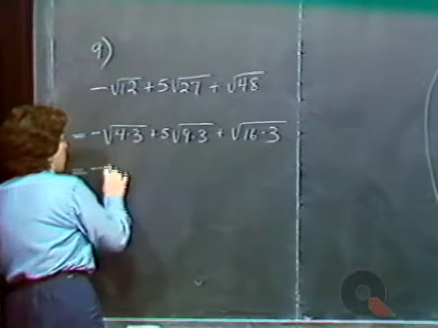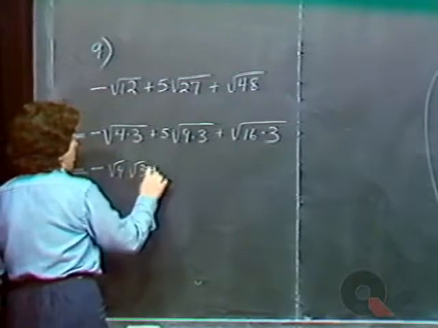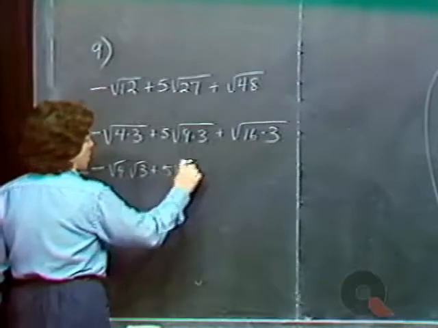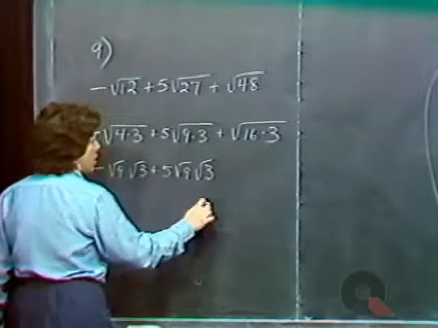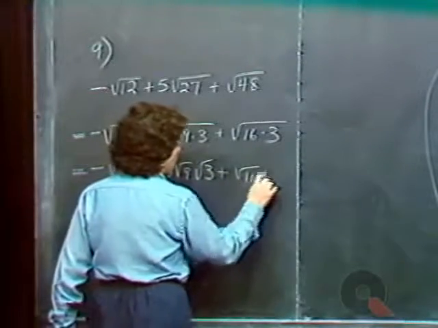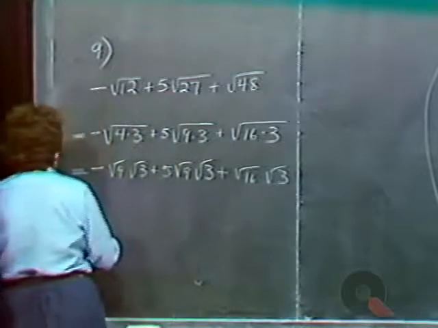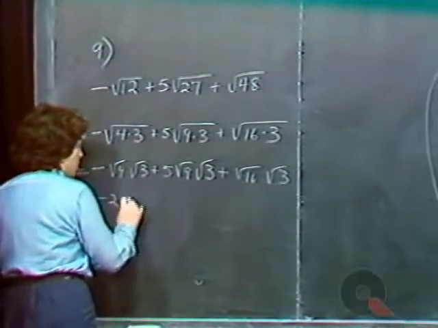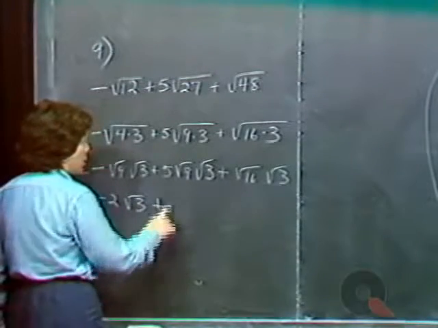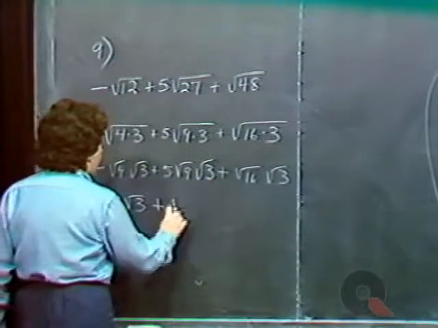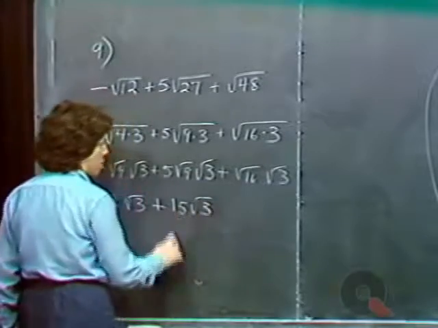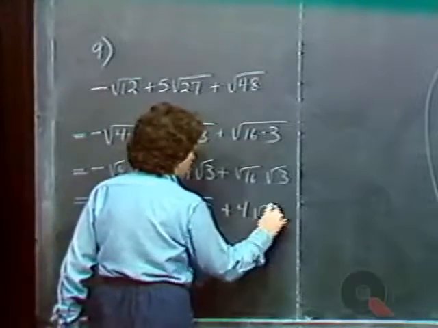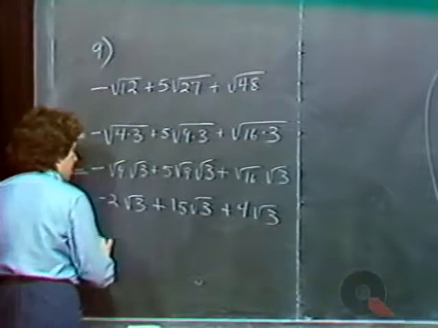Minus, now, the square root of 4 times the square root of 3, plus 5 times the square root of 9 times the square root of 3, plus the square root of 16 times the square root of 3. That gives us minus 2 times the square root of 3, plus 5 times 3, that's 15 times the square root of 3, plus 4 times the square root of 3.